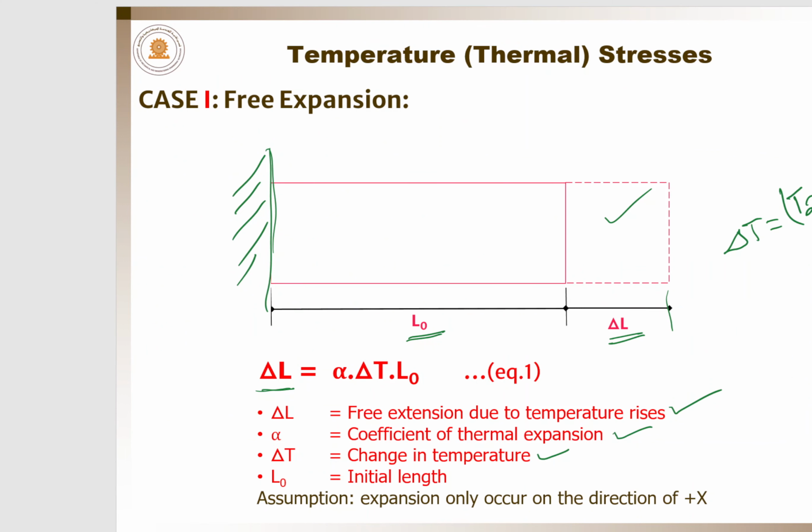So let me just go here. I can write delta L is equal to alpha into delta T multiplied by L, is it not? What is the value of alpha?